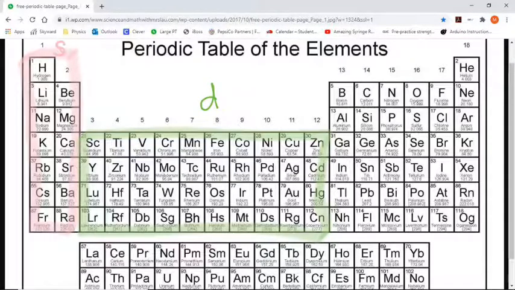Off to the right side, we have the P block. It's taking me a minute to pick out some different colors. And at the bottom, we have the F block.